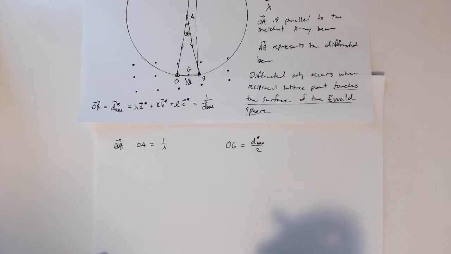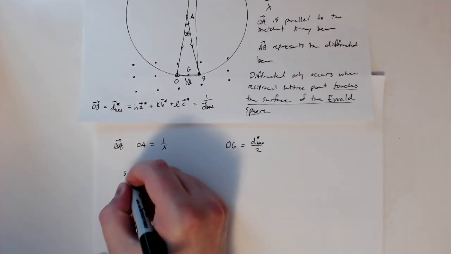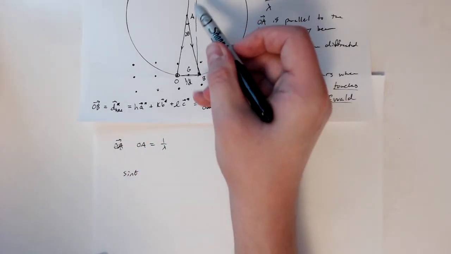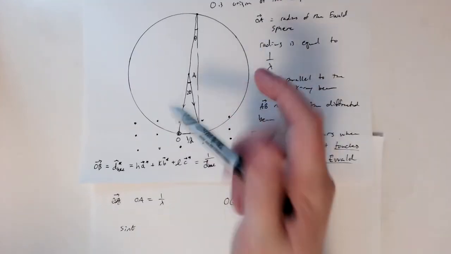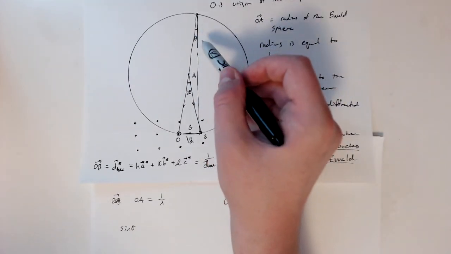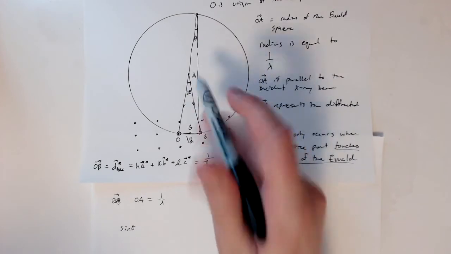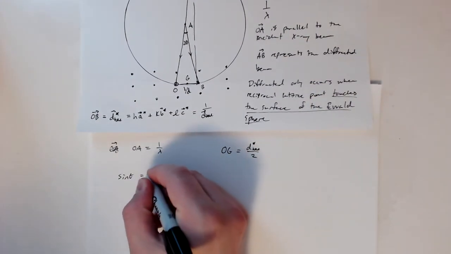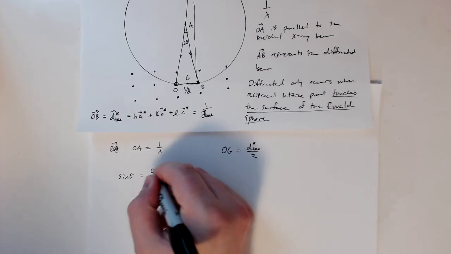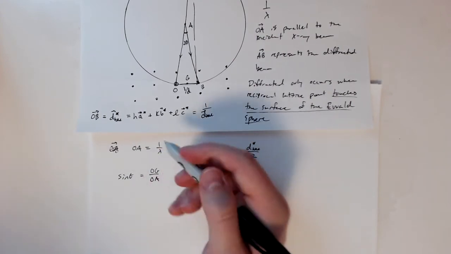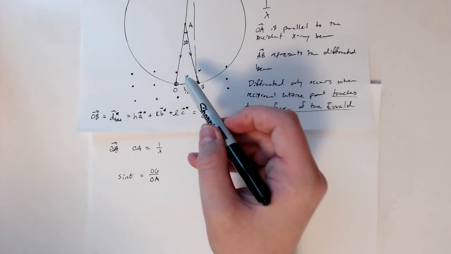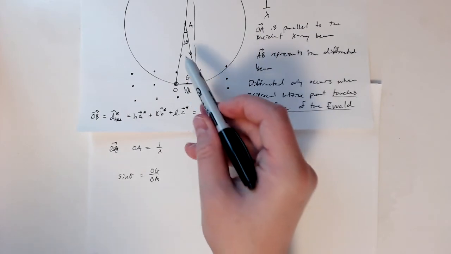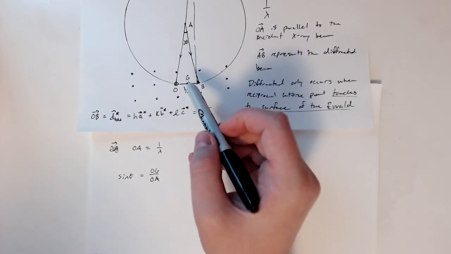All right. So I know that sine theta, going back up to the whole image here, this is theta, this is 2 theta. We can show that sine theta is OG over OA using the triangle here, right?